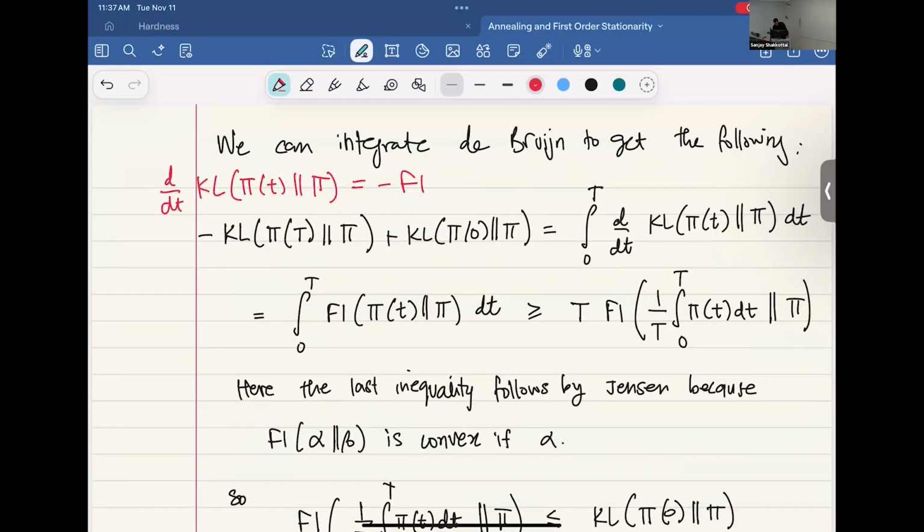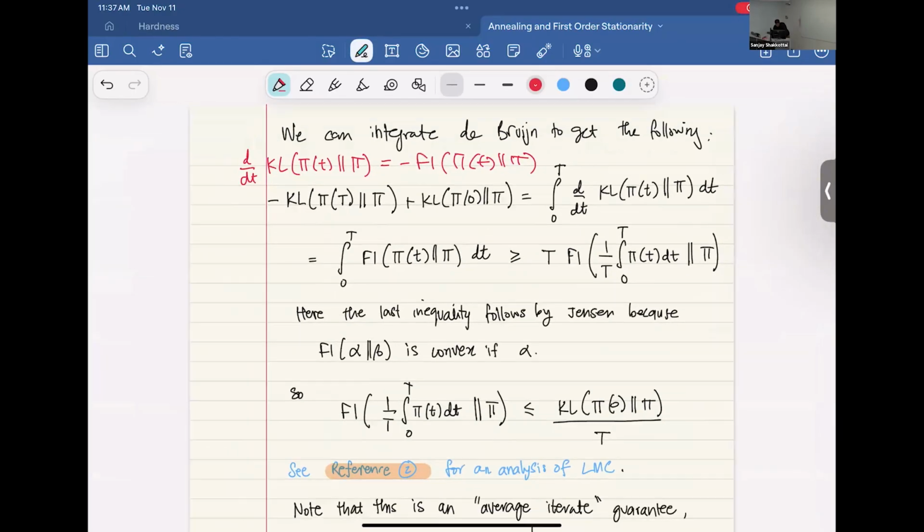Okay, so you can take the integral on both sides to get that the difference in KL at the beginning versus the end is, this is just the fundamental theorem of calculus, right? I've taken the integral of the derivative, so it's just the difference in the KLs.